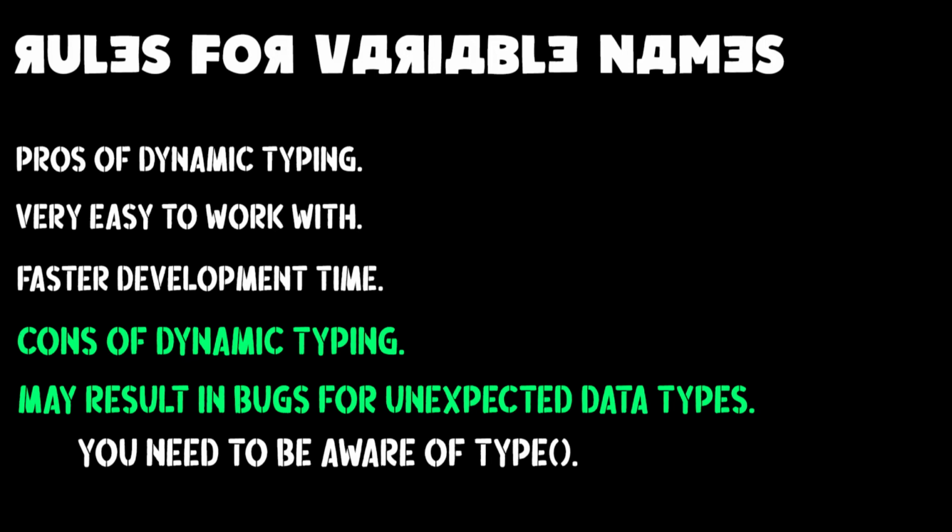Also, it's quicker and faster. The con of dynamic typing is that you may end up with bugs from unexpected data types. So you need to be aware of the type of the variable when assigning values.